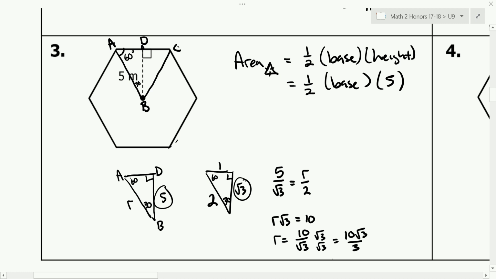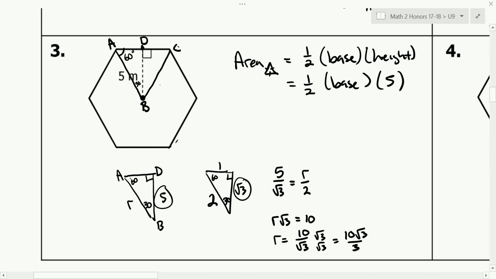But we didn't even want r. Why did I solve for r? Because we wanted the base length, huh? But r is the base length because it's an equilateral triangle, right? Think about it. This whole thing is an equilateral triangle.